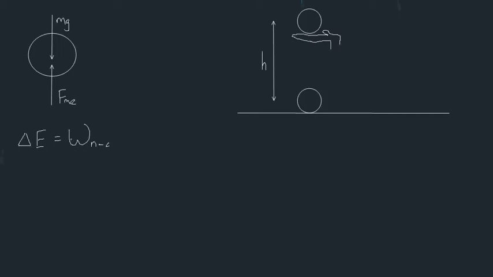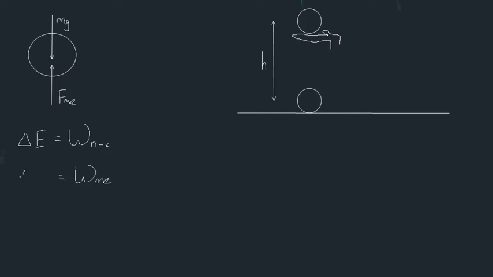So our total work done by non-conservative forces in this case will just be the total work done by me, because the only non-conservative force in this example is the force I'm applying to the ball. What about mg? Why isn't that a non-conservative force? Well, because in a previous video I've proved that it is a conservative force. It's actually included in this term just here.